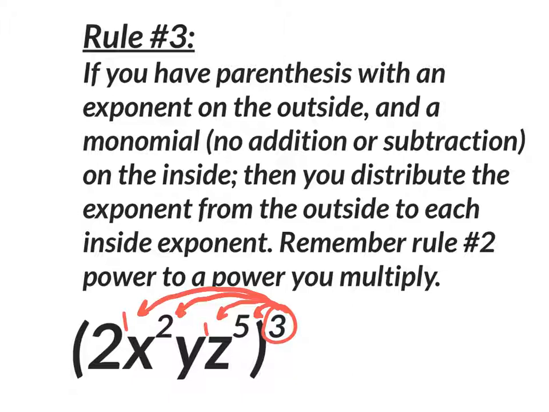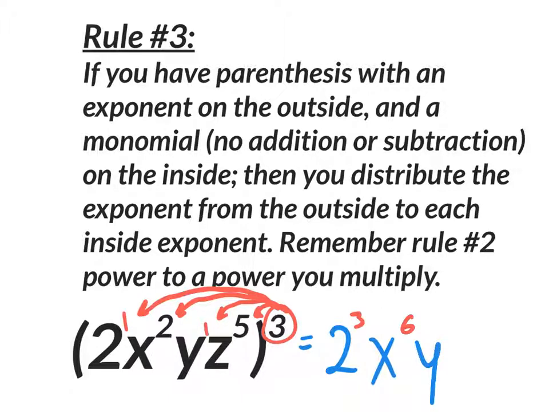So my answer so far is going to be, when I go 3 times 1, I'm going to get 3. So it's going to be 2 to the 3rd power so far. And then it's going to be x to the what? 3 times 2? 6. X to the 6th power.